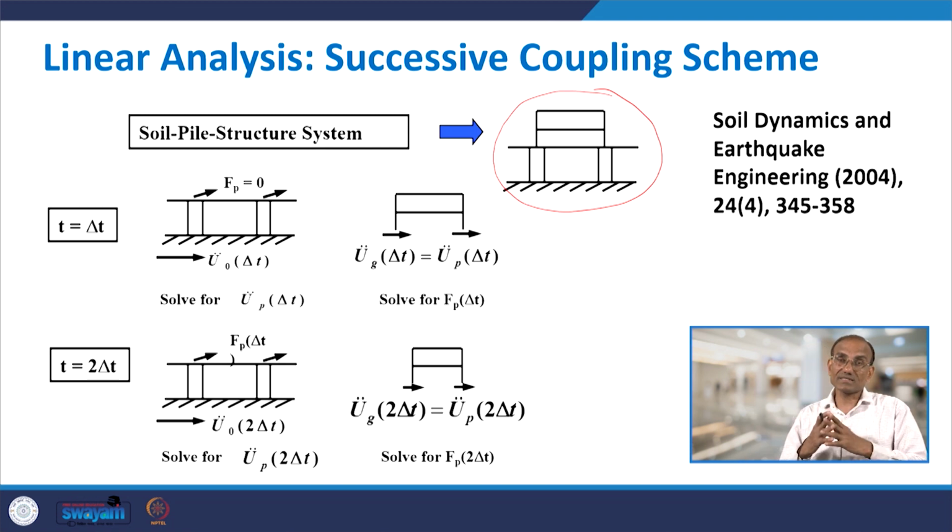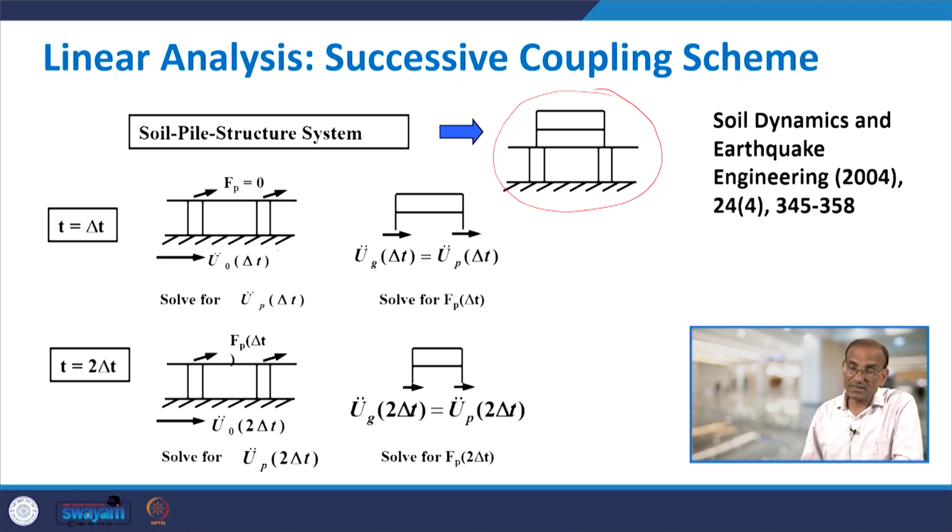We divide the system into two parts, one called the foundation subsystem and another the structure subsystem. With this division we consider one system at a time for the analysis, but there is a continuous feedback from one system to another.